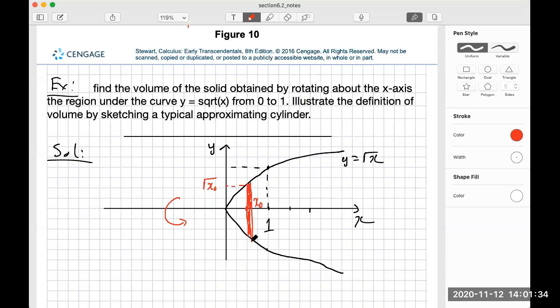Do you see it? Just imagine the line here from x0 to square root of x0, and we rotate it, give us a circle, right? And what is the area of that circle?